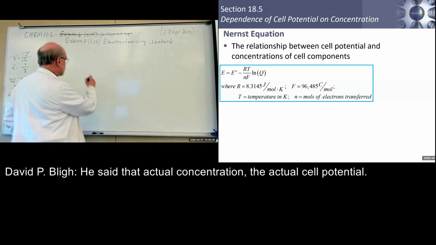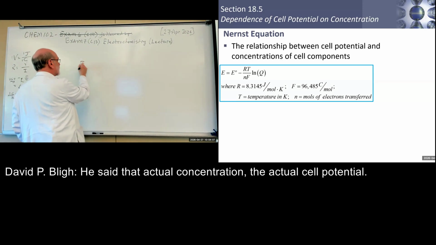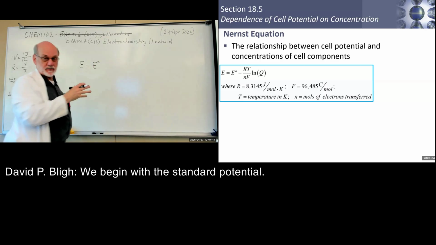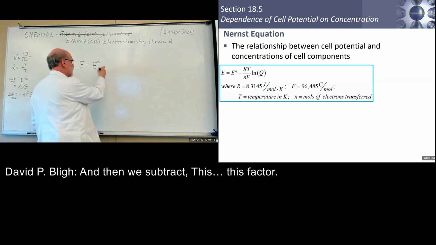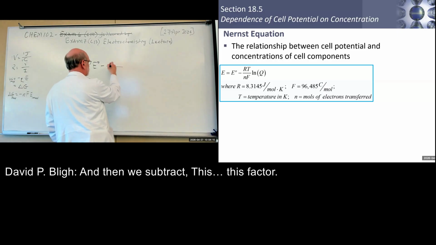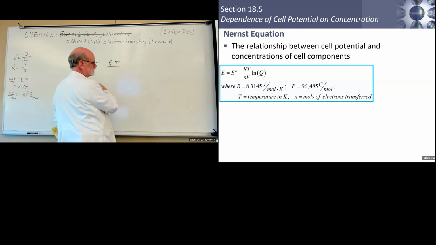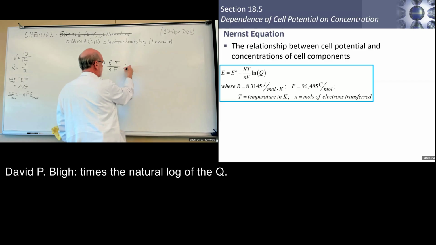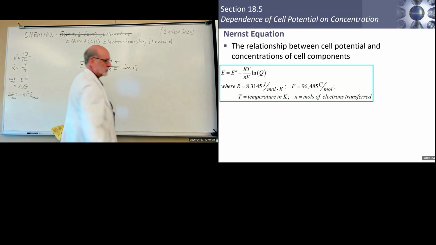He said that for the actual cell potential, we begin with the standard potential, and then we subtract this factor, RT over the number of moles of electrons moved times the Faraday constant times the natural log of the Q.